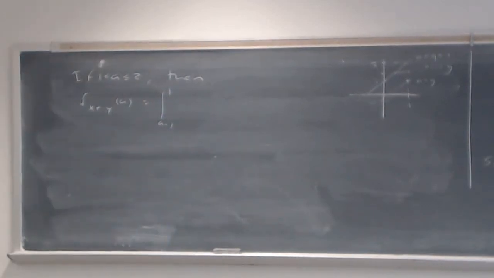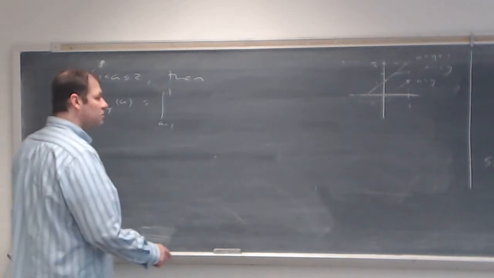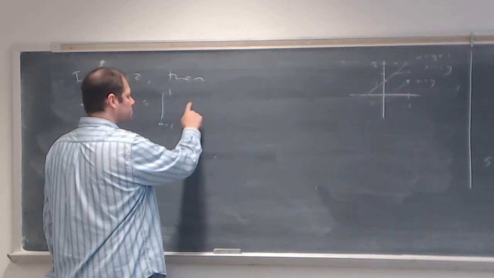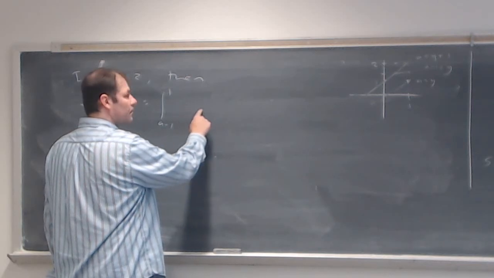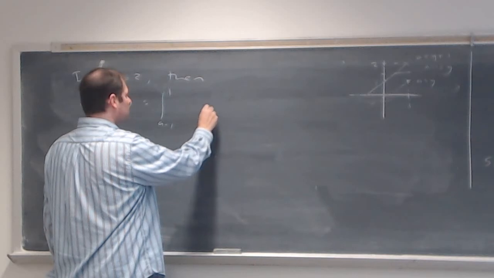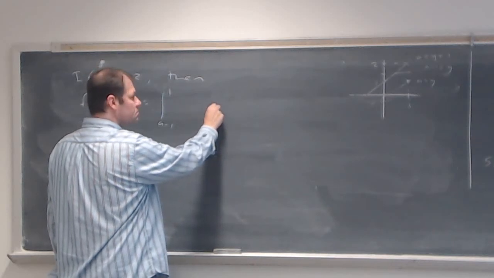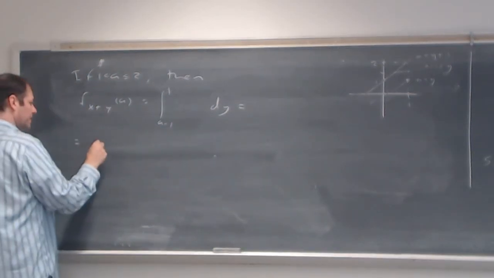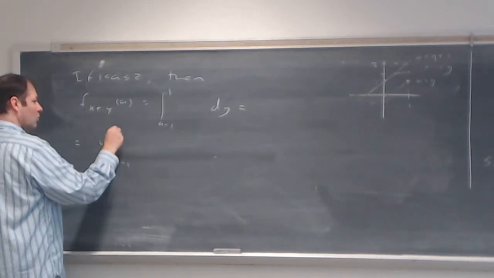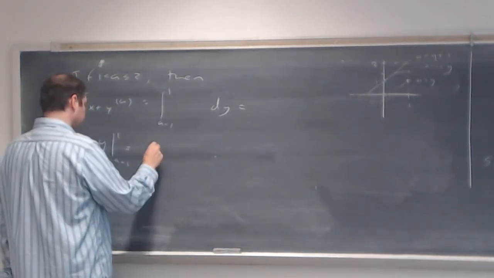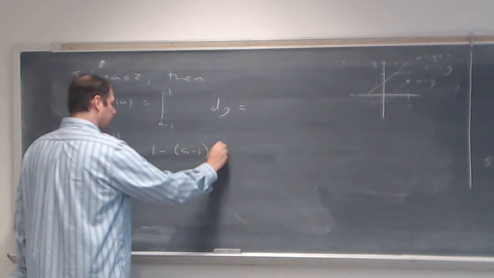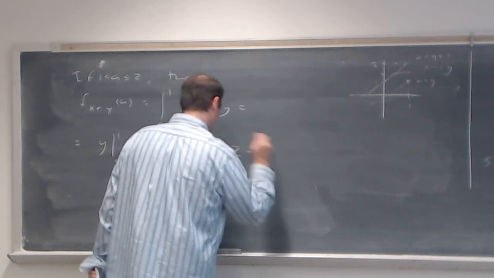And so what we have there is going to be 1 in this region, and so when we write down dy and integrate this, what we end up getting is y evaluated from a minus 1 to 1. That leaves 1 minus the quantity a minus 1, which equals 2 minus a.